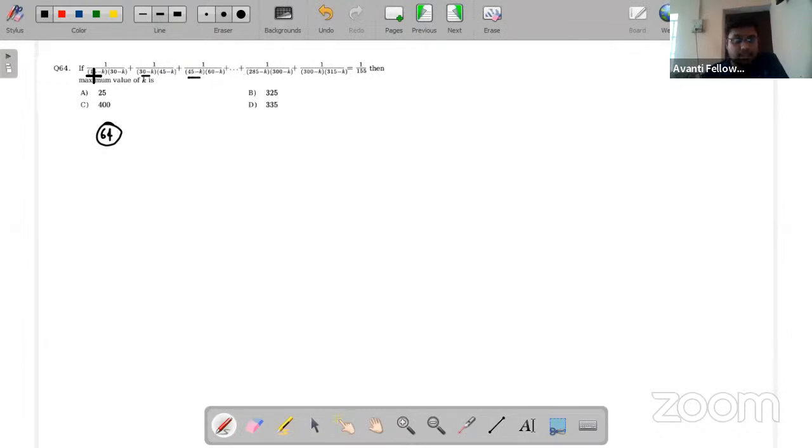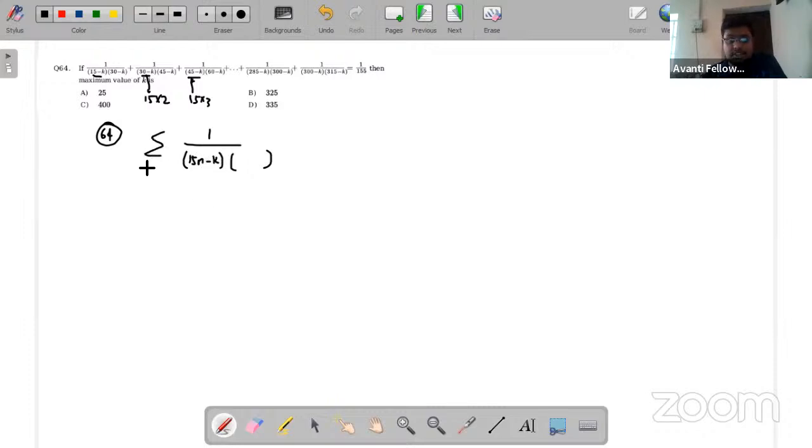So what is happening? This is 15 into 2 I can write. This is 15 into 3. Okay, likewise I can write it down. Okay, so in the first term, if I try to generalize it, I can write 15n minus k.